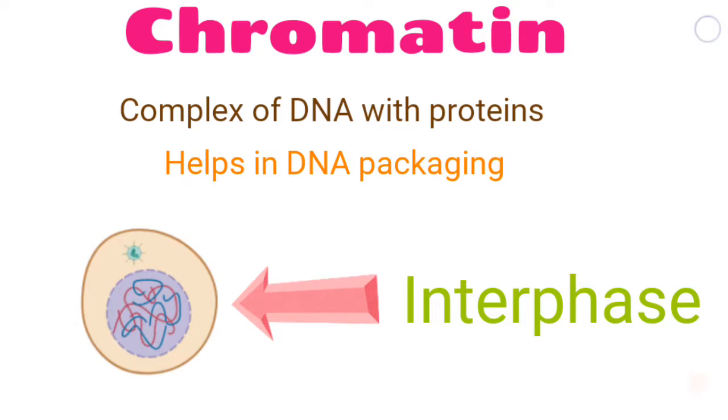If I talk about interphase, we have discussed that in interphase the genetic material will replicate and transcribe. So it means the parts of DNA should be exposed to the transcription factors, to the proteins which are important for DNA replication, right? So what happens in case of interphase?